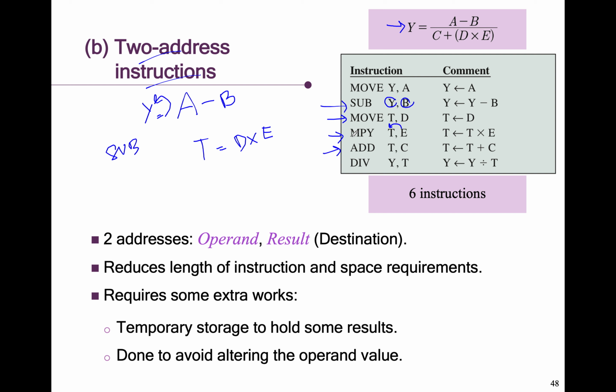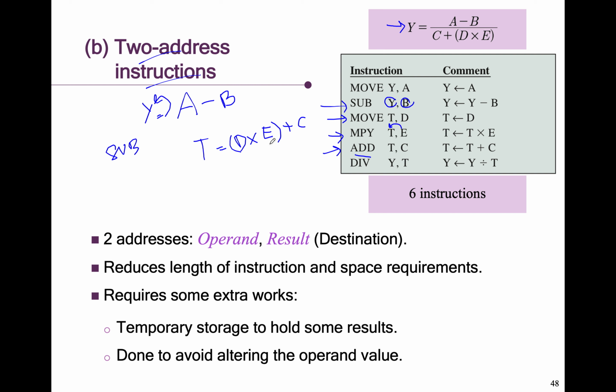The fifth line, you have additions. You need to do additions. You're going to add your t, this is your new t, with your c, and you're going to store to your new t.